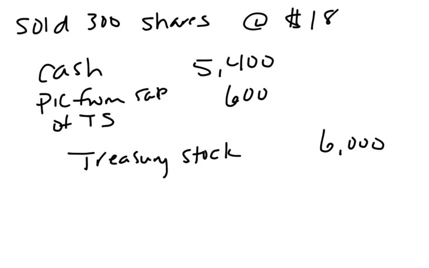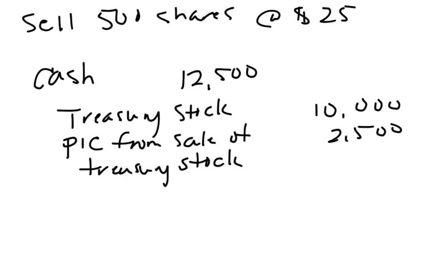Now, there's an exception to that. You can decrease that account up until a point. You can only decrease it until it's zero. So let me give you a different circumstance. Let's go back. Here's where we sold 500 of those original 1,000 shares we had purchased in treasury stock. We sold them back, and we made $2,500 off the deal.